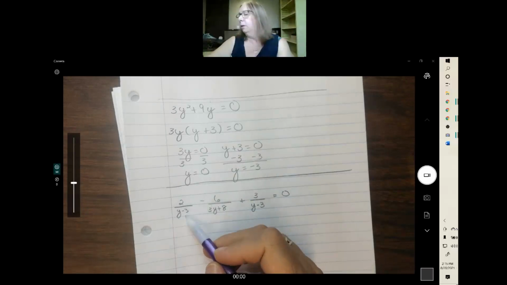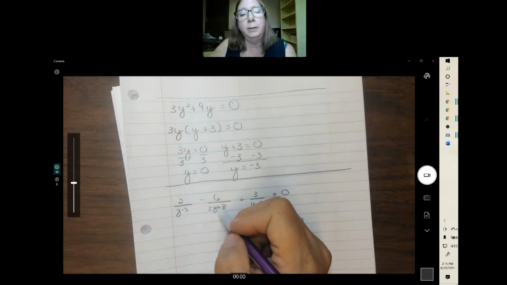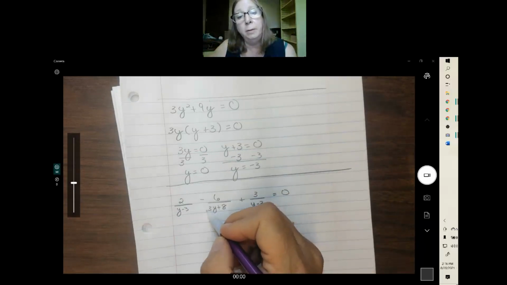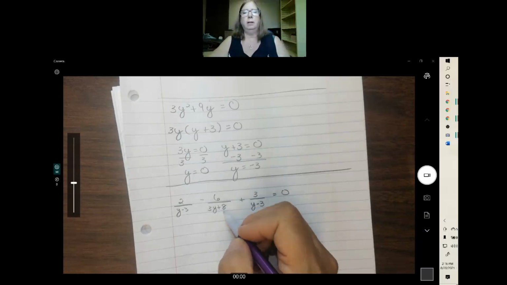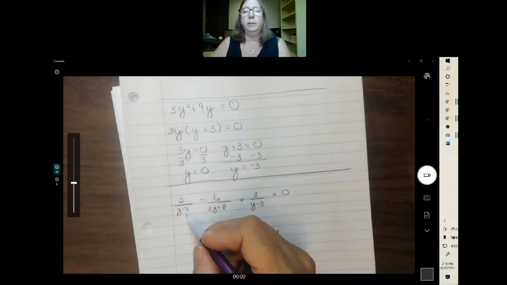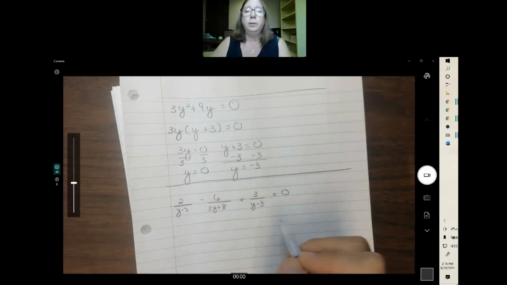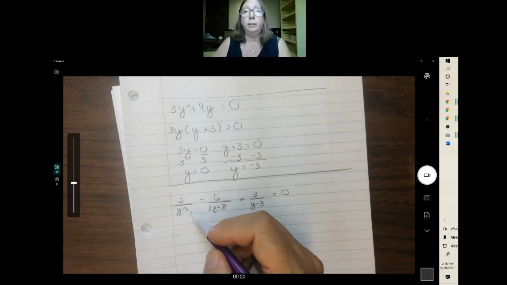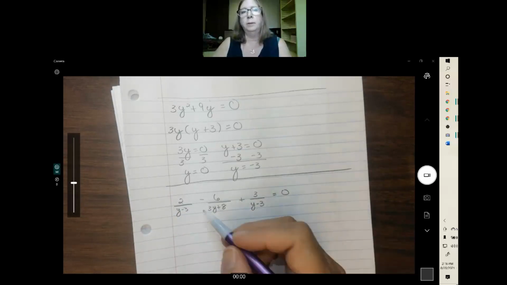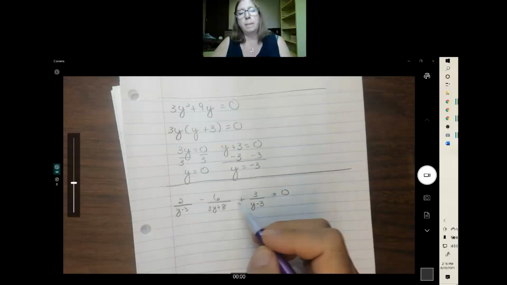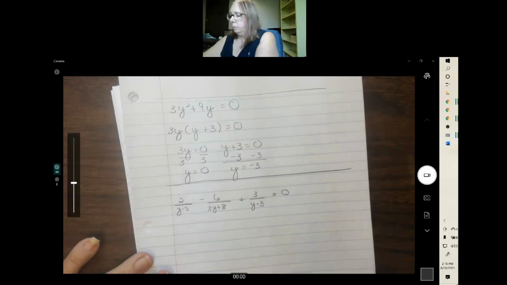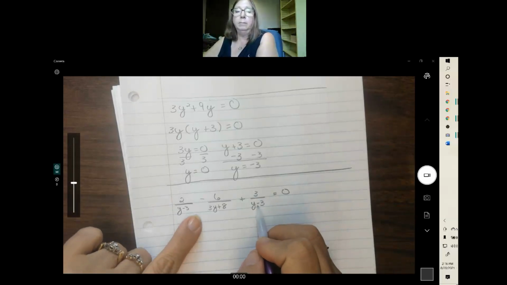But none of our denominators will factor. This one, if this was a 9, then we could have pulled a 3 out. But since it's not factorable. When you're finding a common denominator, once they are factored, you just take one of every quantity or the largest exponent. In this case, they're all to the first. And so you take each quantity, but don't repeat.